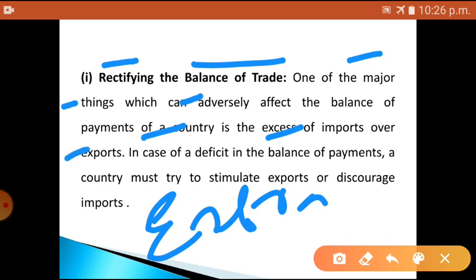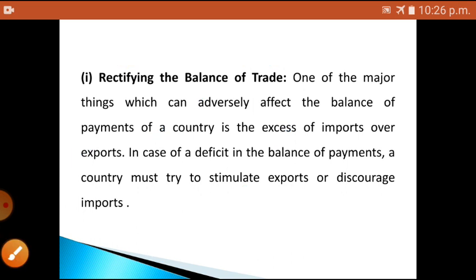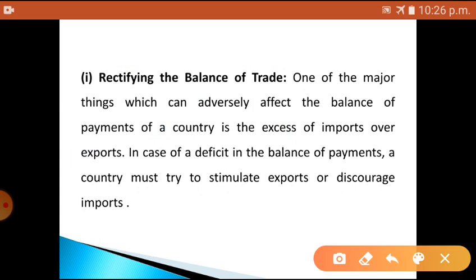One of the major things that adversely affects the BOP is where a country imports more goods than it exports. In case of deficit in balance of payment, a country must try to stimulate exports or discourage imports.